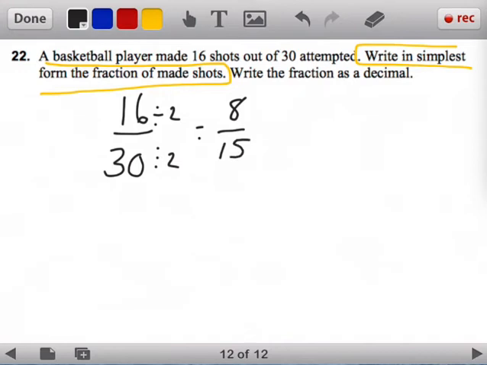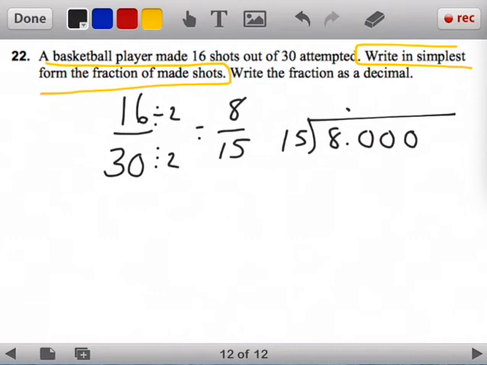Now, we can do our division. 8/15, decimal point, add on some zeros. 15 goes into 80 5 times. 5 times 15 is 75.